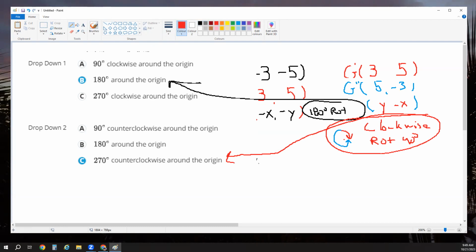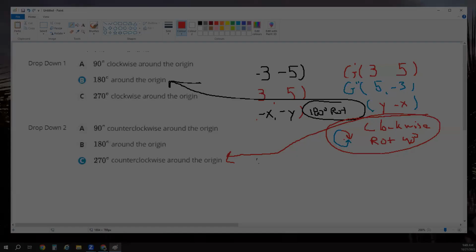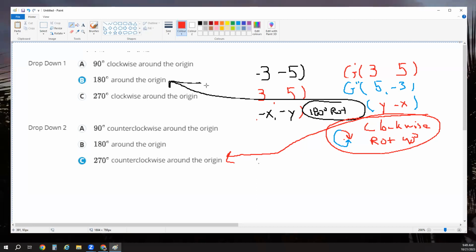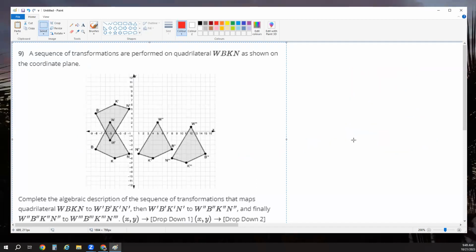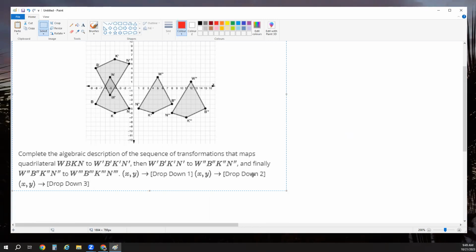Number 9. Okay, so this one's a steamer here. Sequence of transformations. Complete the algebraic descriptions for the drop down.